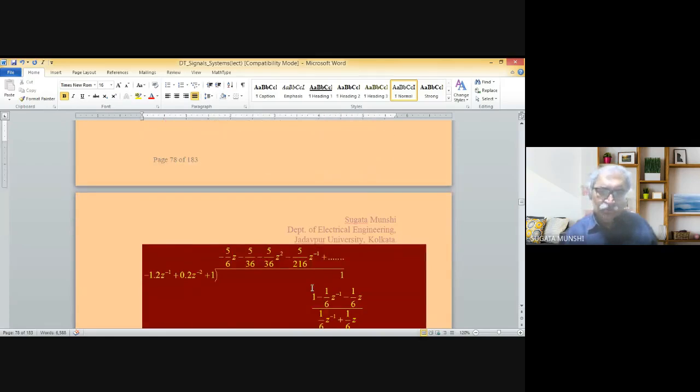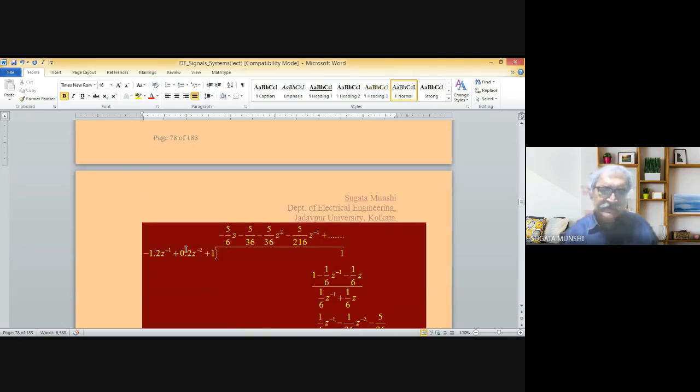In a bid to do that, you may arrange the divisor in this manner: minus 1.2 z to the power minus 1 plus 0.2 z to the power minus 2 plus 1, and proceed with the division as we did in the last two cases. Don't write down the entire thing, you try on your own. 1 has to be divided by minus 1.2 z to the power minus 1 plus 0.2 z to the power minus 2 plus 1.